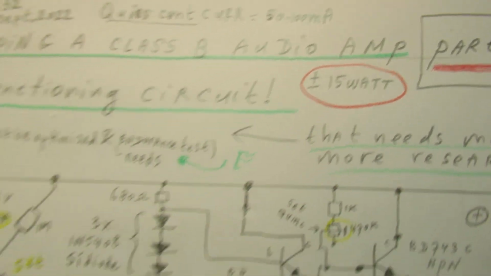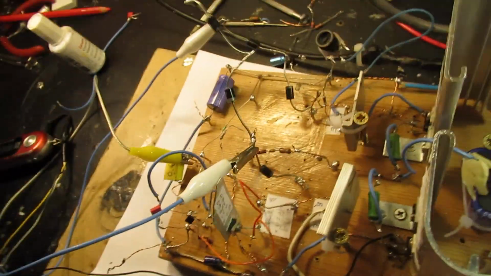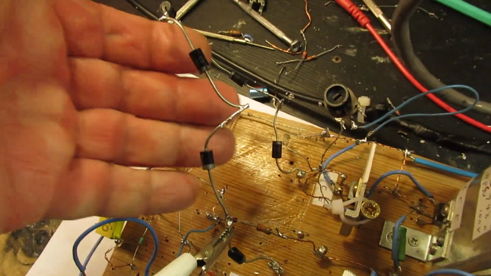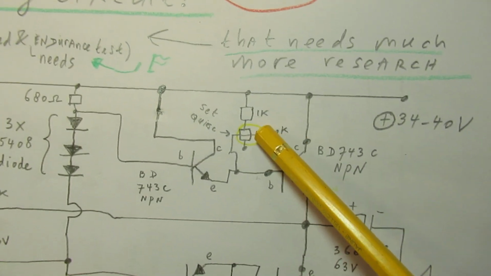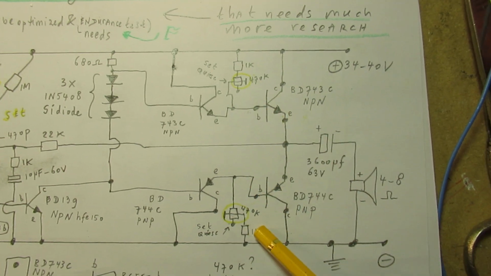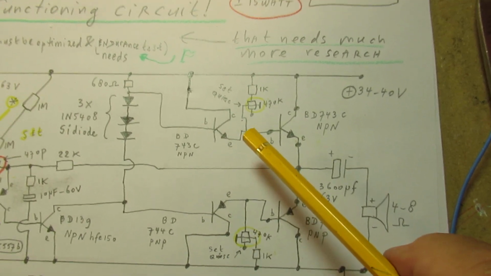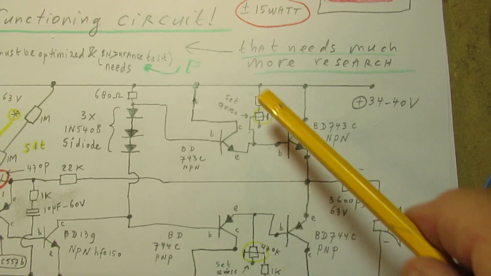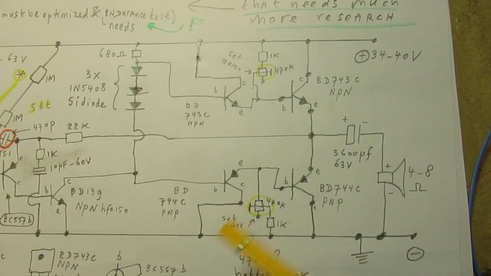Output approximately 15 watts. And perhaps I can demonstrate again the effect of the diodes here. But it's more important that we now have a way to set the quiescent current through the end transistor stages. This is one Darlington and this is the other Darlington. This for the positive part of the sine wave, this for the negative part of the sine wave.